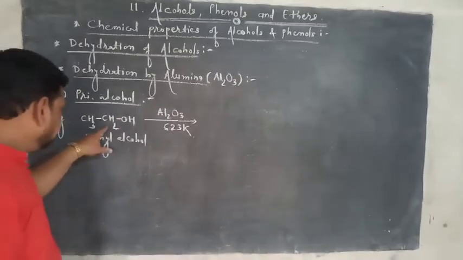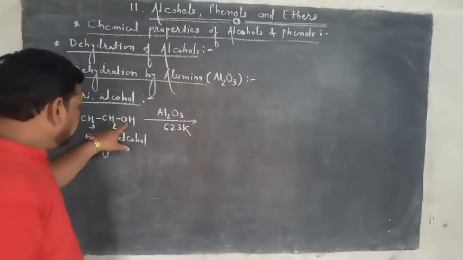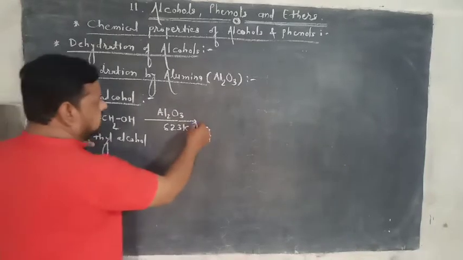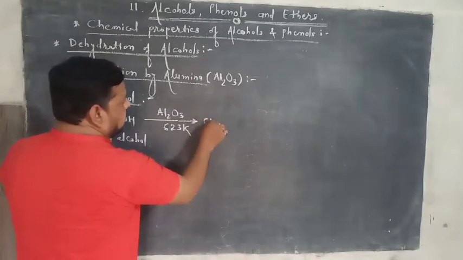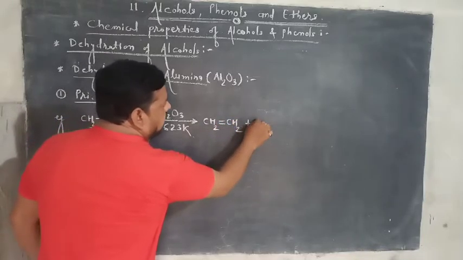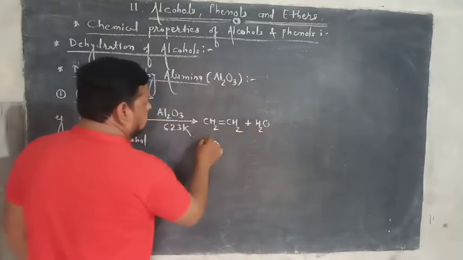Then from this carbon the OH group and from this carbon hydrogen is removed, and it gives CH2=CH2 and water, that is ethene.